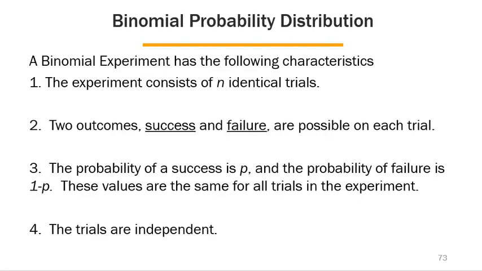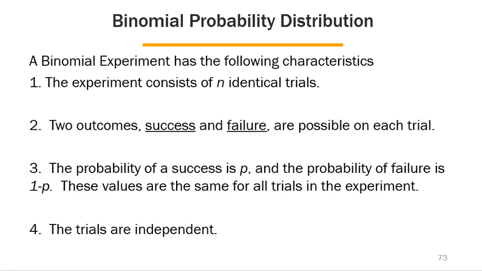Another discrete distribution is the binomial distribution. So a binomial experiment has the following characteristics. The experiment is going to have n identical trials. There are going to be 2 outcomes that are possible, so each trial can end in either success or failure. And then the probability of success is known ahead of time.